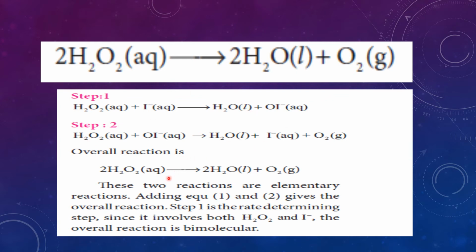In a unimolecular reaction, we can't find this intermediate; the first step is very fast and the second step is slow. So in a unimolecular reaction the rate determining step is the second step, but in this bimolecular reaction, the rate determining step is step 1.